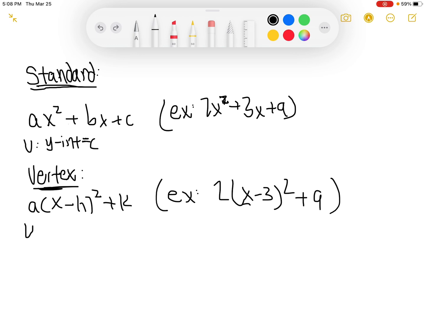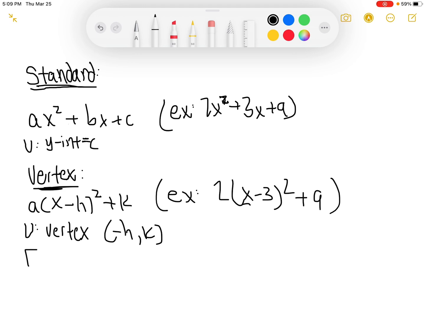So it's useful for knowing the vertex, which will be (negative h, k). You might think it's already negative, but the negative of -3 is positive, so hopefully that makes sense.